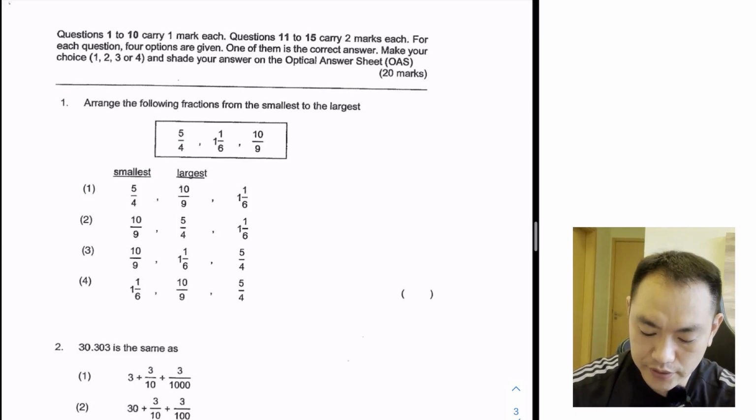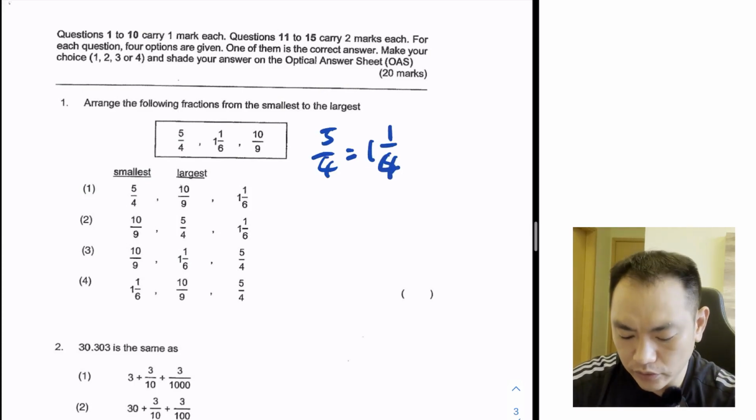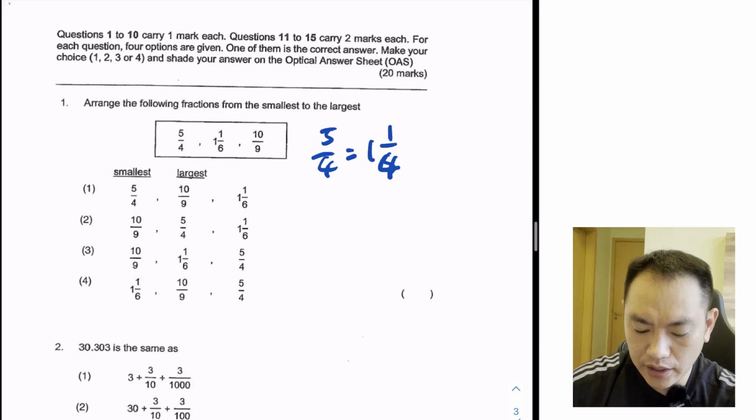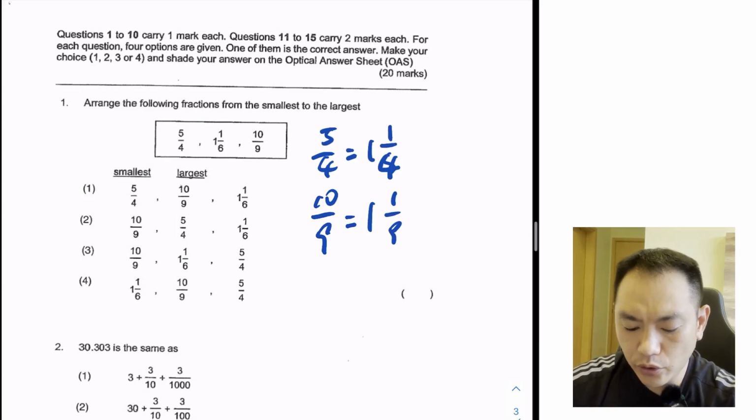Basically, you can see here that 5/4 can be changed to 1 and 1/4, and 10/9 can be 1 and 1/9. So all of them have a 1 in the front, which you can ignore.